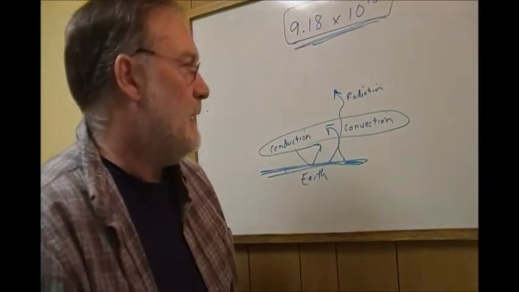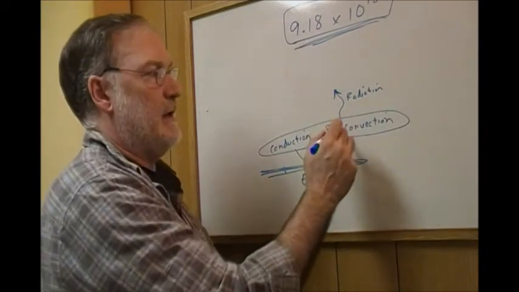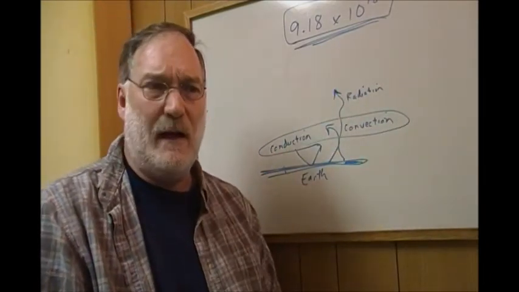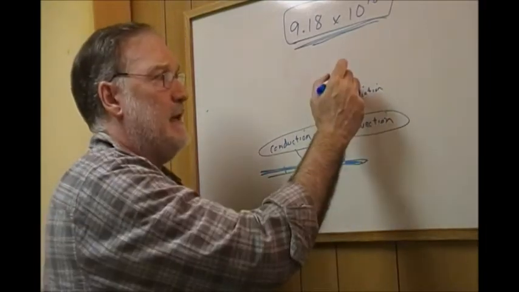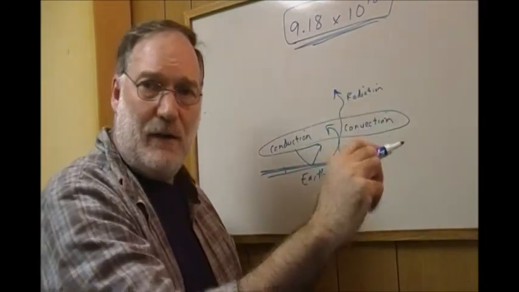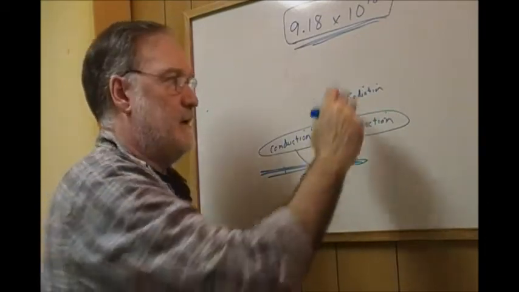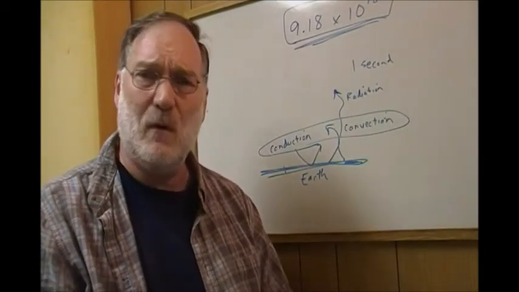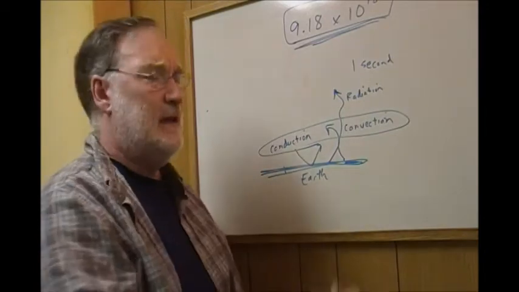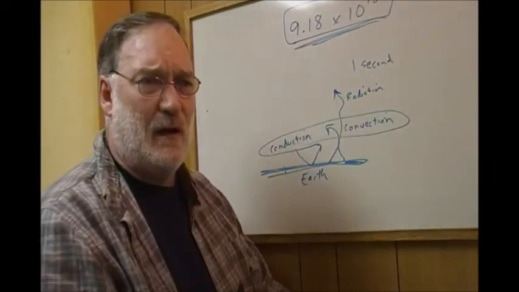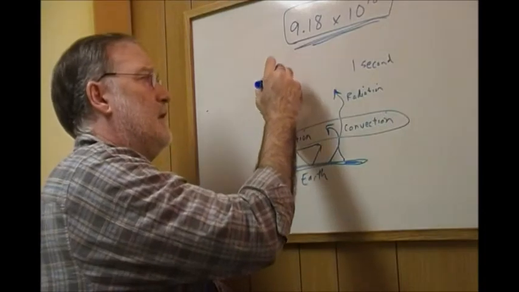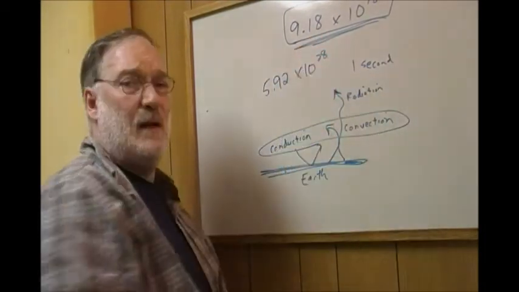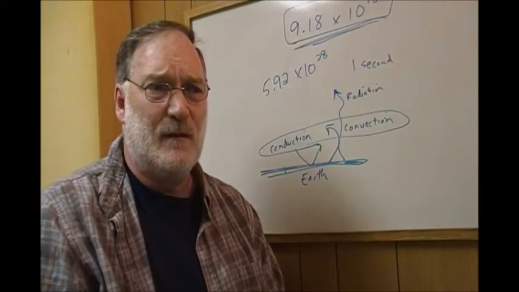Now you wonder how much heat sharing is going on here. Well, the average time it takes a carbon dioxide molecule to absorb radiation and then give off a photon is about 1 second. In that amount of time, that one carbon dioxide molecule is going to be hit by nitrogen molecules 5.92 times 10 to the 28th times, about that many times.